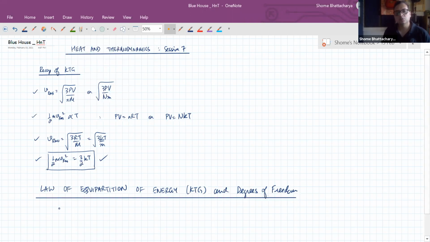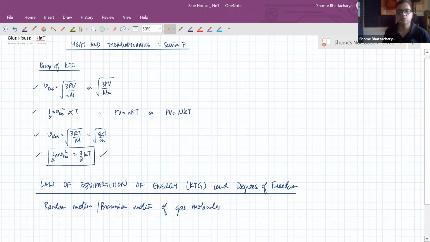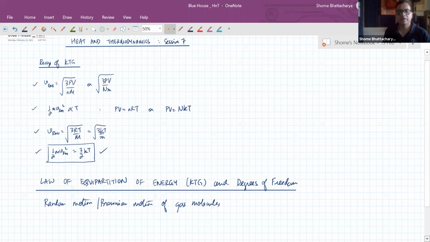So from the theory of random motion and Brownian motion of gas molecules, the direction of motion for a gas molecule is equally probable along any axis.